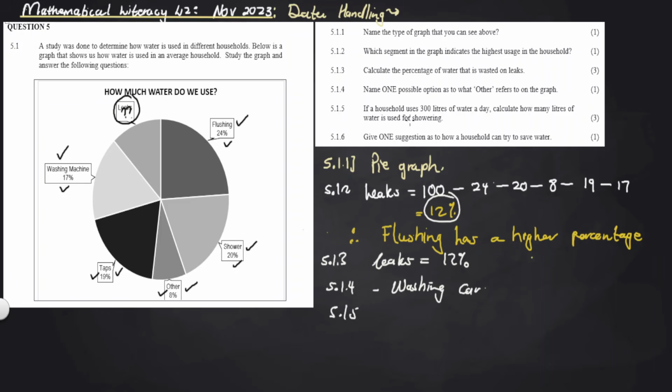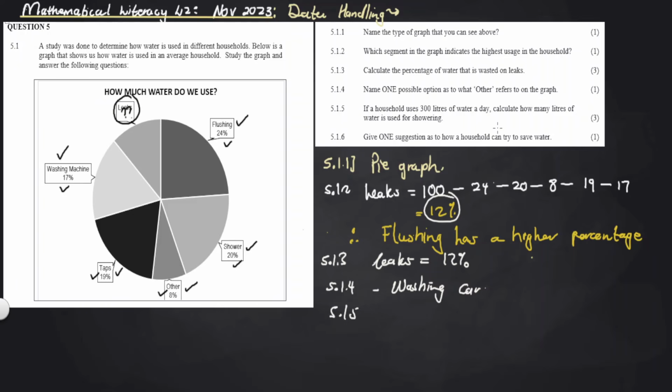5.1.5. If a household uses 300 liters of water a day, the pie chart represents the different usages of water, right? But the pie chart actually doesn't say how much water we are using.